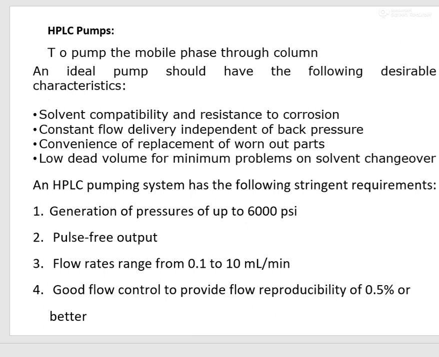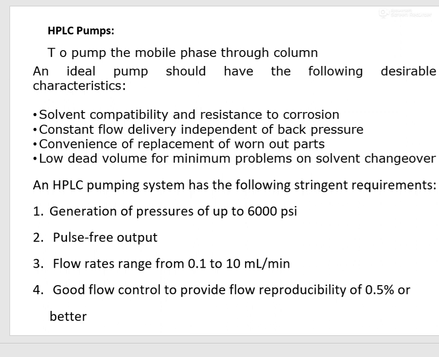Number 2 is pulse free output. Now what do you mean by pulse? When the pump is flowing mobile phase through the system, obviously there is going to be some pulse, and because of that pulse, the baseline will be going up and down, up and down.